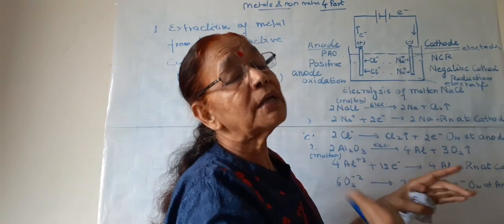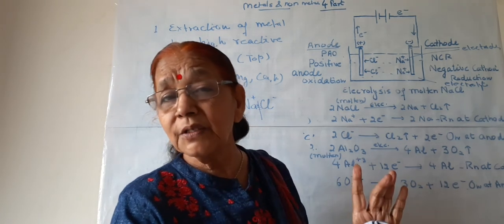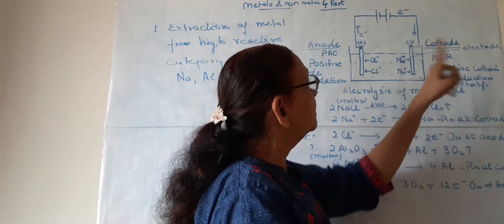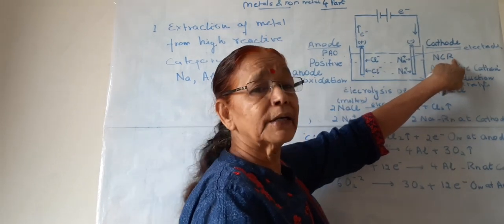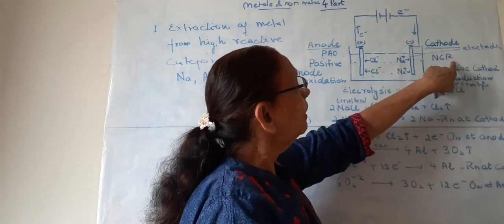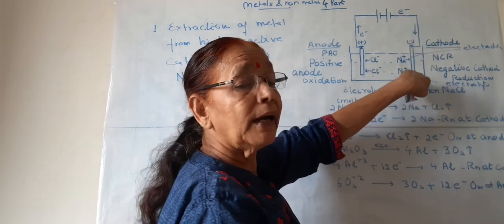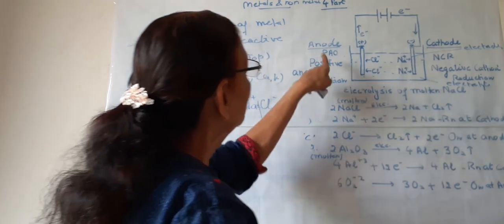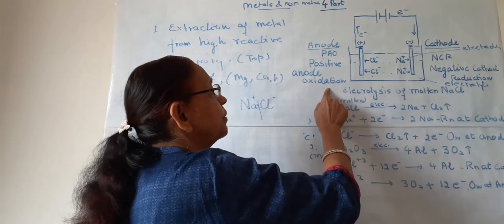If electrons are lost, then it is oxidation. You remember this by these 2 words. Here this is the negative cathode, and reduction takes place at this cathode, where electrons are gained. So this is how NCR works.